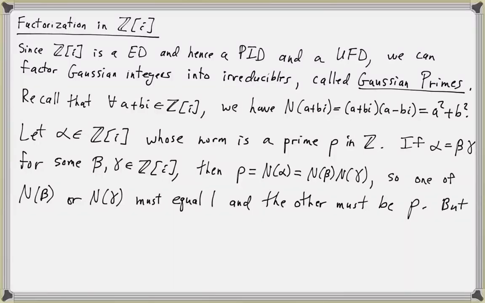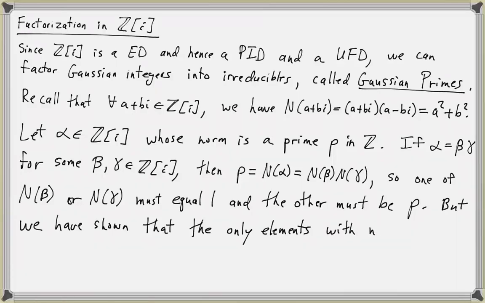Well, we already know that the elements that have norm equal to 1, so we have shown that the only elements with norm 1 are the units in this ring, plus or minus 1 and plus or minus i.